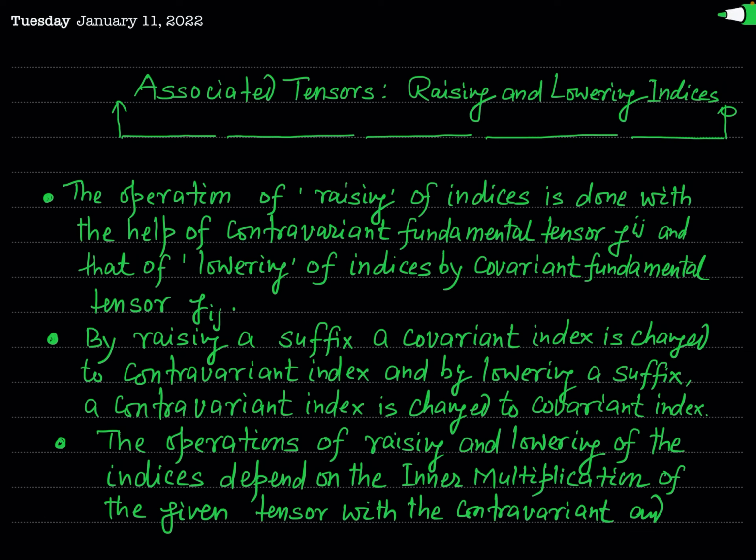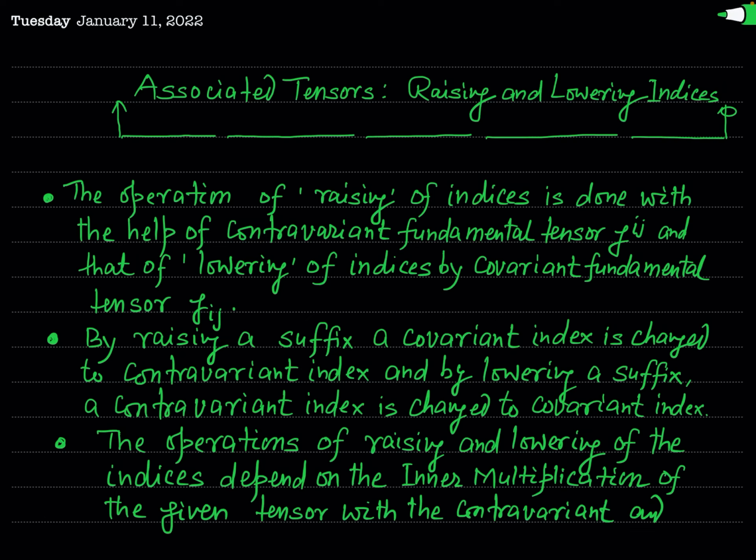When we take the inner product of a given tensor with these fundamental tensors, we get a new tensor, and that new tensor is known as an associated tensor. This associated tensor is obtained by a process performed with the help of these contravariant and covariant fundamental tensors, and that process is called raising and lowering of indices.